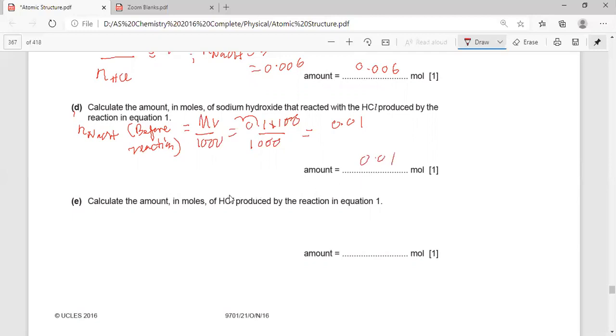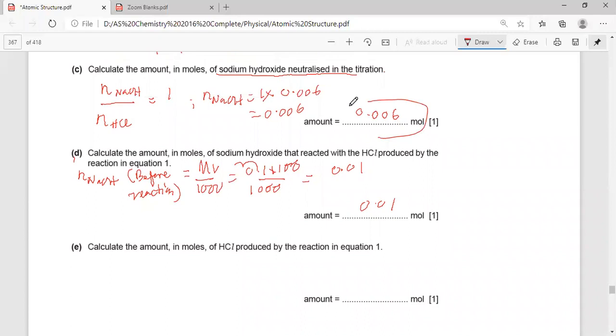So calculate the amount of HCl produced. Then remember this is before reaction. So after reaction, how much is there? How much of the NaOH reacted?